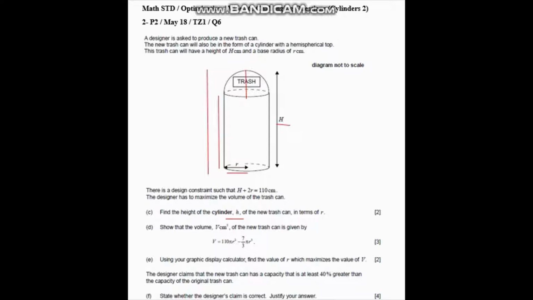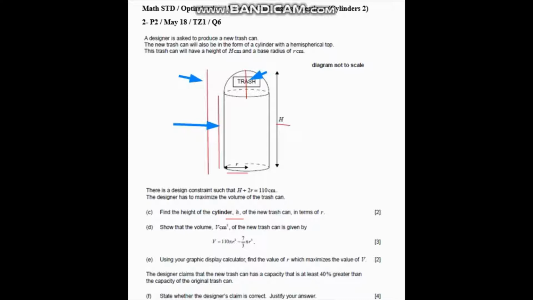If you are unsure of how we've derived this, this is the value of h capital, this is the value of r, hence h small, which is the height of the cylinder, shall equal the difference between both.